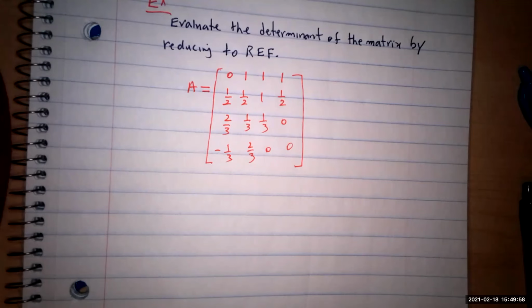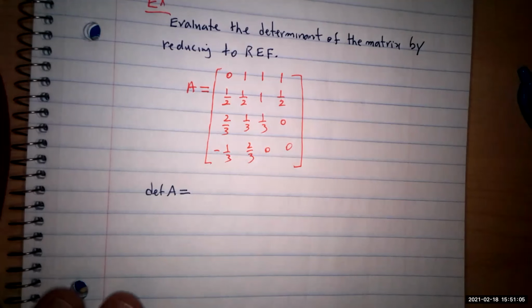So your first action is going to be to switch these two together. You know that if you're switching 2 rows, then you have to multiply by a negative 1.